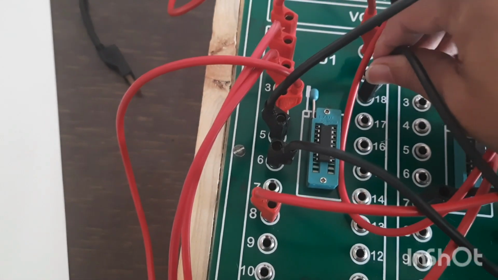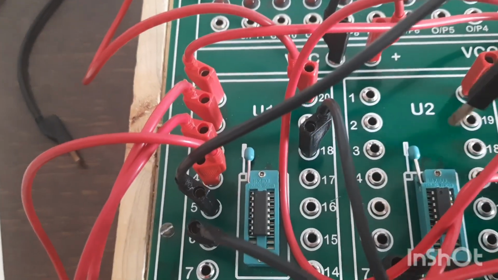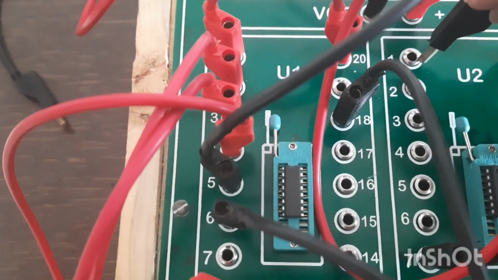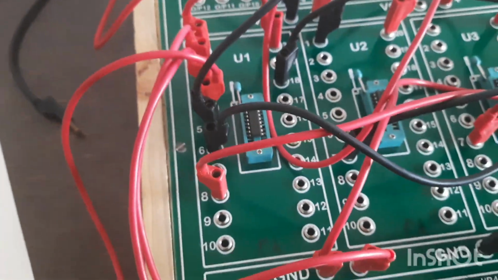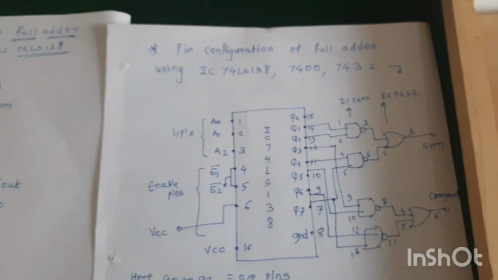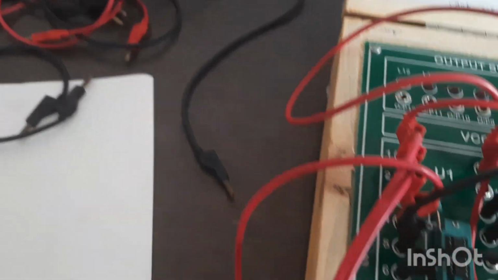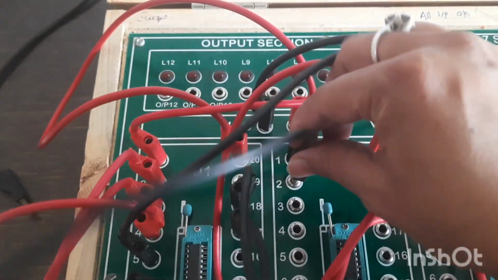So this is pin 14, which is connected to pin 1 of the NAND gate IC. This is my 1. Now pin 13 is connected to pin 2 of the NAND gate IC. So I have taken pin 13, which is connected to pin 2 of the NAND gate IC.